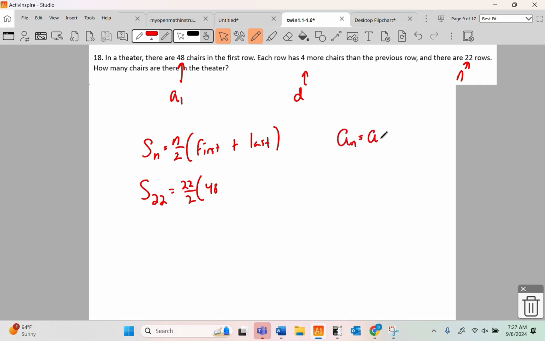A sub n is the first term plus n minus 1 times d. And 22 rows, the a sub 22. The first row has 48. I am at the 22nd row, so n is 22, and the difference was 4.